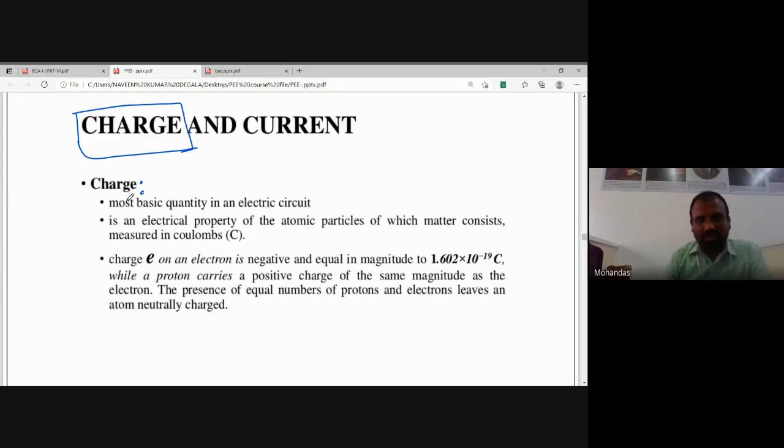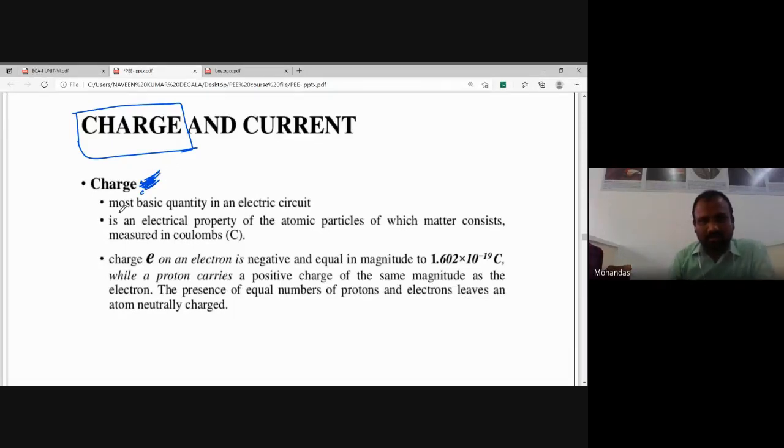Listen carefully. Charge is a deficiency or excess of electron in an atom. The charge may be positive or negative. The excess of electron is having negative charge. The deficiency of the electron is having a positive charge. Okay, so charge is related to the free electron concept. So we have discussed the free electron concepts.